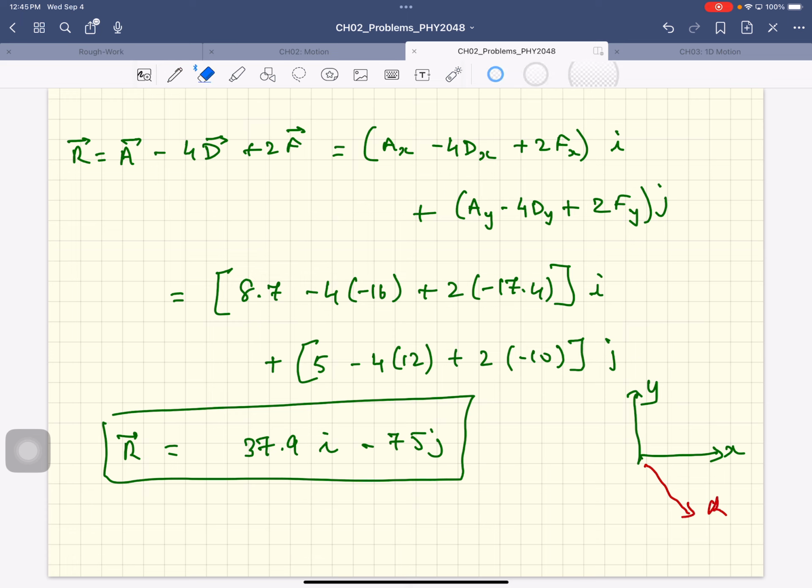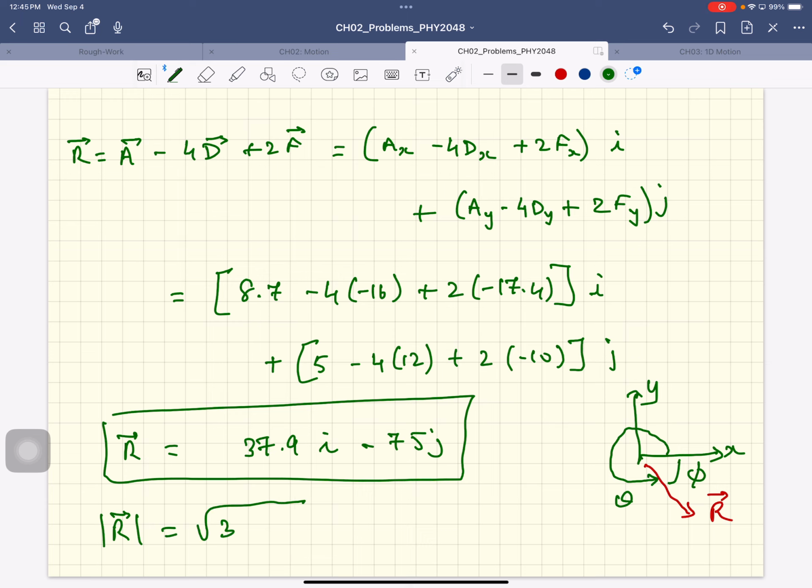Now we'll also find the magnitude and angle. This would be theta, this would be phi, and phi would be negative. So what is the magnitude of R? It's Rx squared plus minus 75 squared.